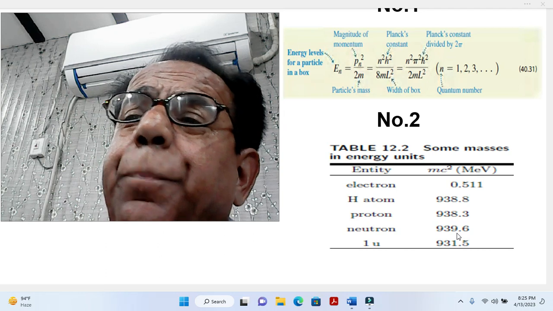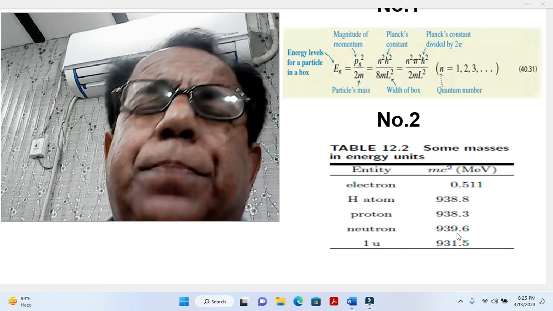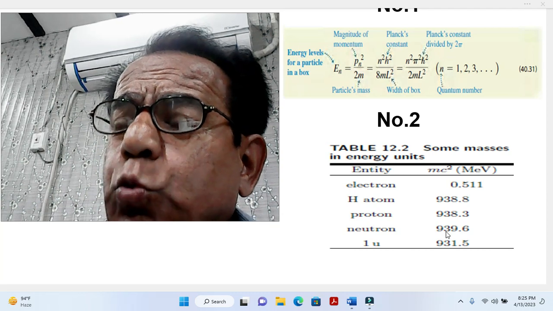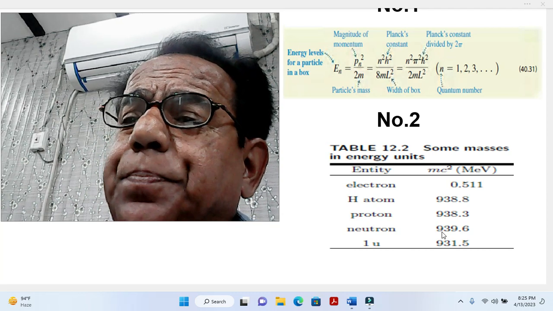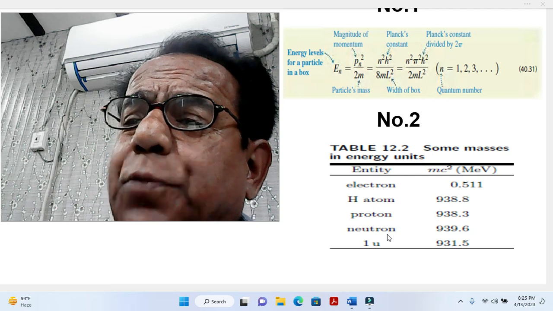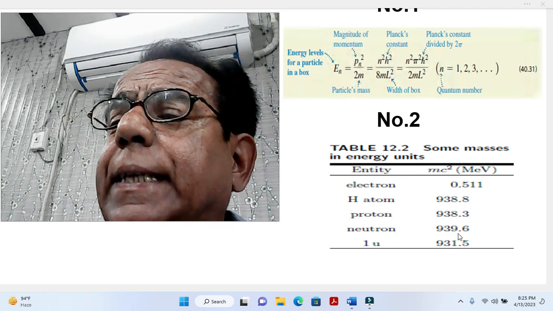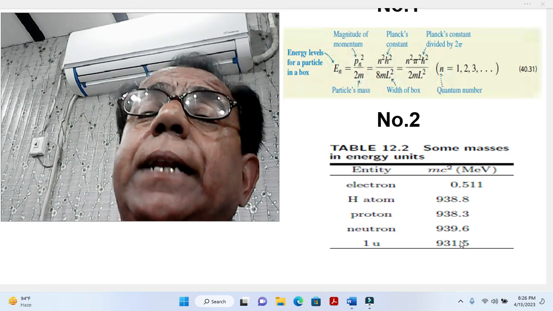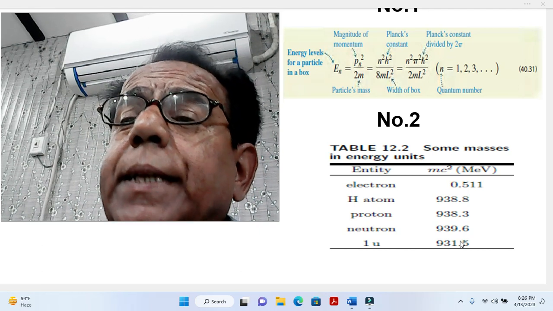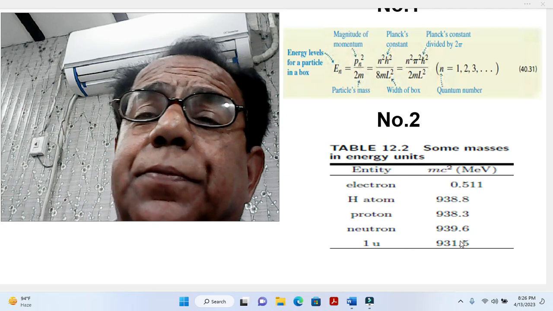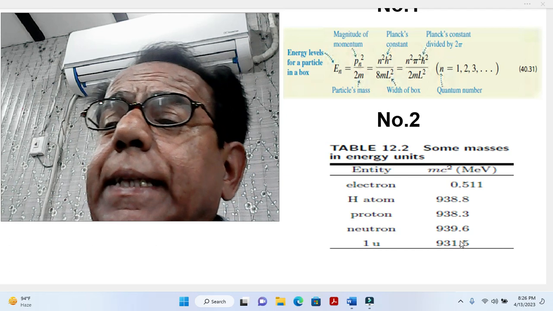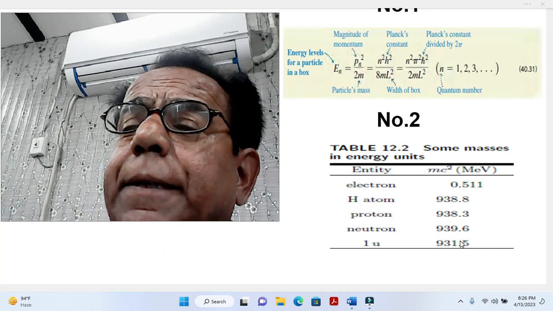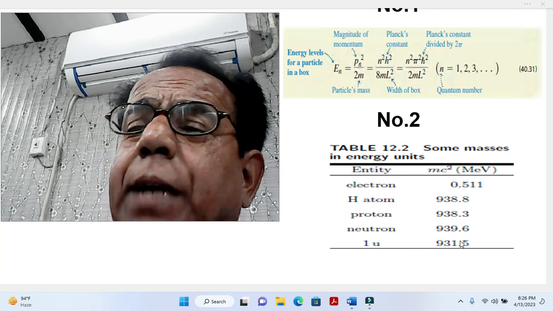So there is almost no difference, but in this table mc square for neutron is 939.6, and we know that when the digit after the decimal is greater than 5, we can increase the previous digit by 1 and round this figure.